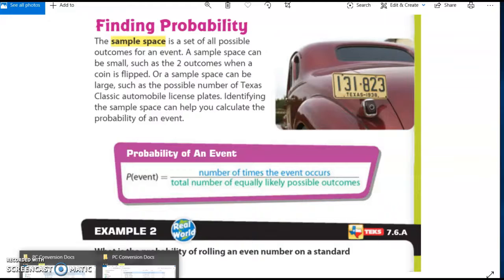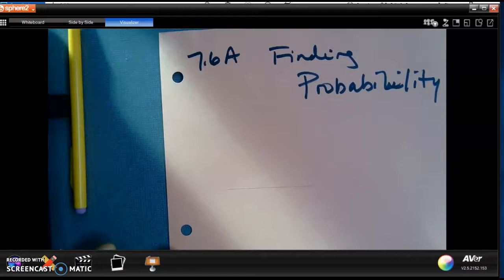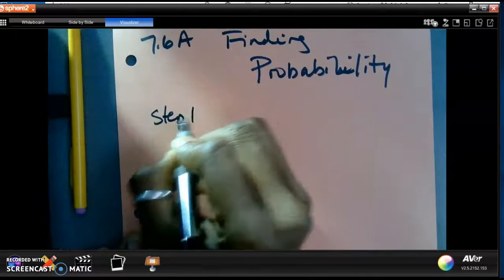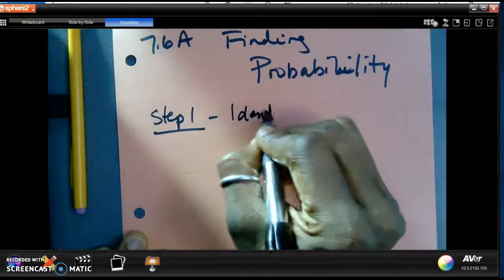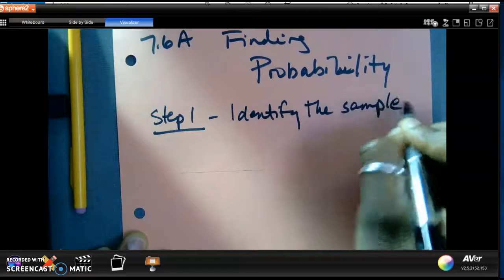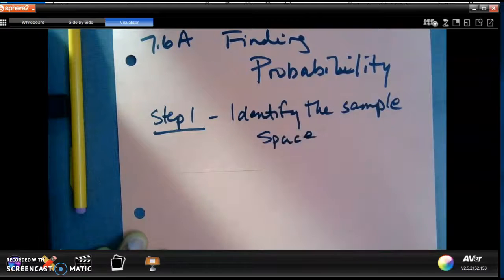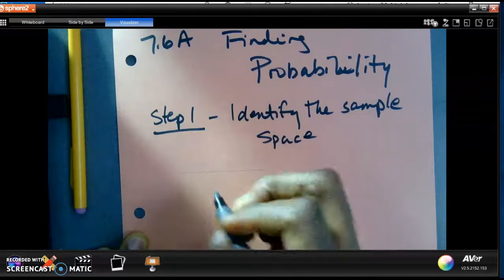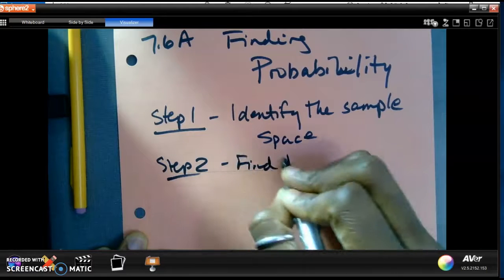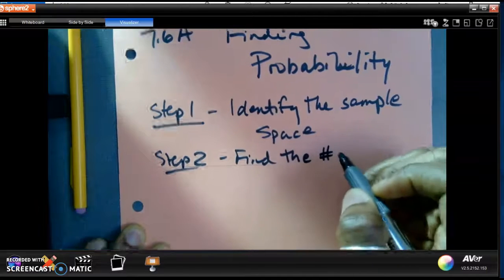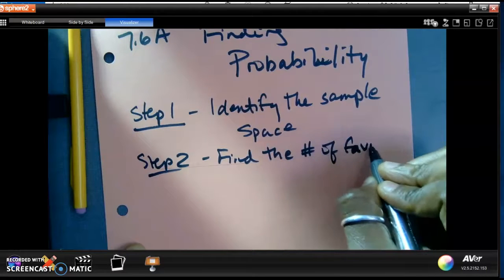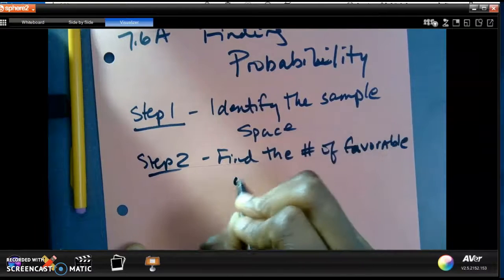Step number 1, if I flip over to my work, is where I would identify my sample space. Step number 2 would be to find the number of favorable outcomes.